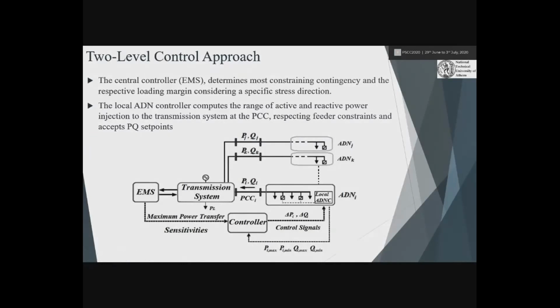So the control scheme includes an upper level controller located in the energy management system and a lower level controller by the distribution side.